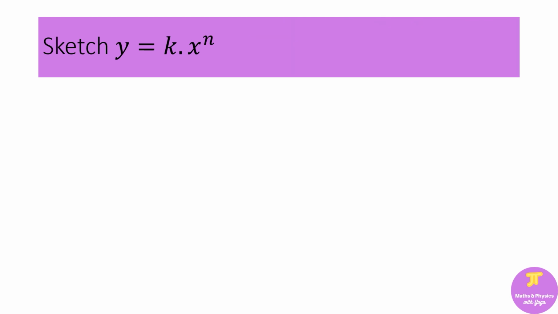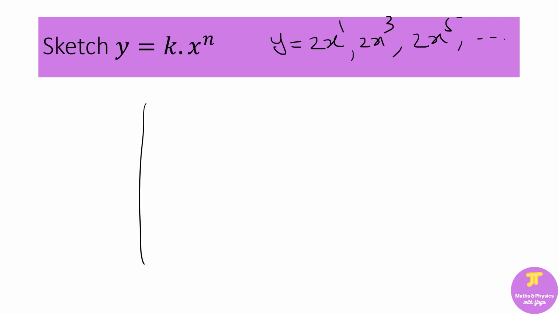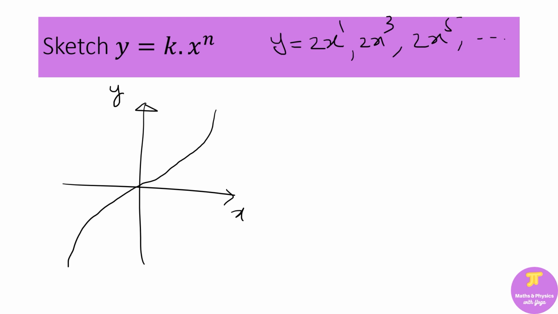Let's see how we can plot y equals 2x to the power 1 or 2x cubed or 2x to the power 5 and so on. So we have seen how to plot 2x cubed, right? If you remember that graph, the graph is something like this, right?